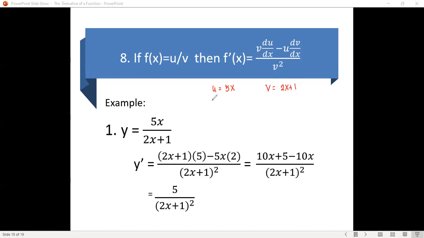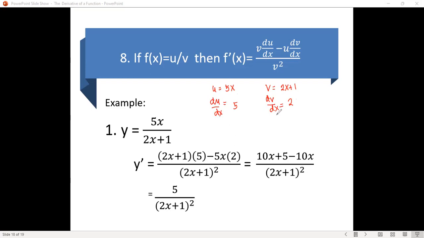Our du, the derivative of 5x with respect to x, is actually 5, while for the derivative of v with respect to x, the derivative of 2x is 2, and the derivative of 1 is 0. So dv over dx is 2.